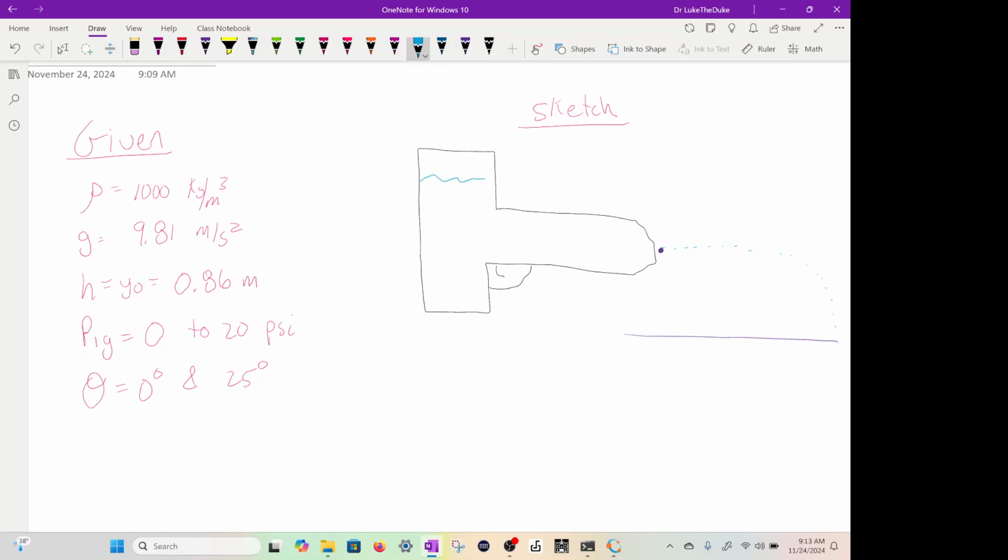Put some water in here. This is state 1, state 2, and then when it hits the ground, we'll call state 3. This is Y naught, and from this position over to the ground, we'll call X. The last thing we need is right here. Put a datum here.